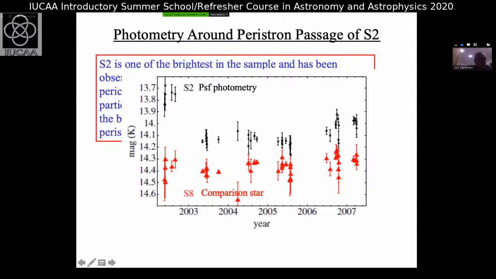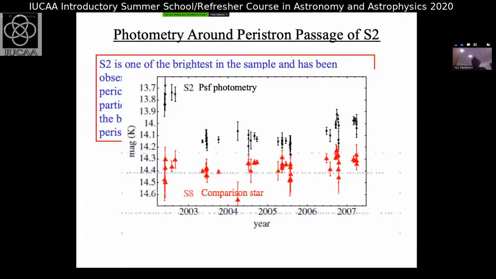It could be simply because it's a variable star, but it turns out that that argument is not really tenable. And therefore, the magnitude is fluctuating because you are sometimes getting another star in the field of view, which is not resolved from the first star. Which means that what you think is the position of S2 could be the position of another star. And so that has to be discussed.